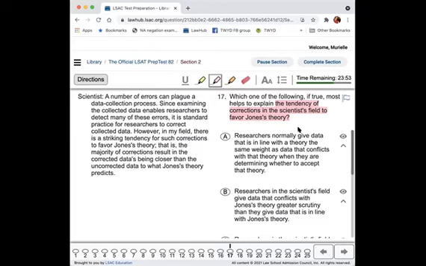So one of those errors might be typos. Maybe as someone's putting numbers into a spreadsheet, they accidentally add a zero when they shouldn't have, or they add a letter in there, and so it invalidated that data point because it was supposed to be just numbers.